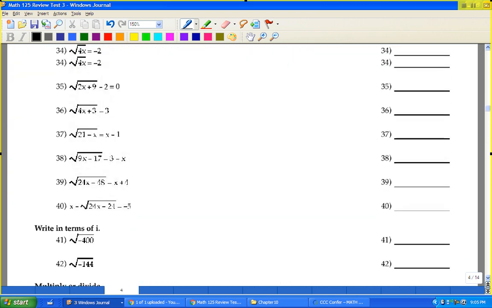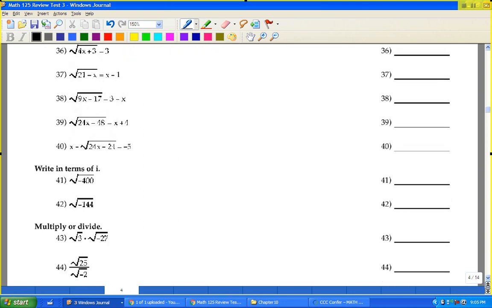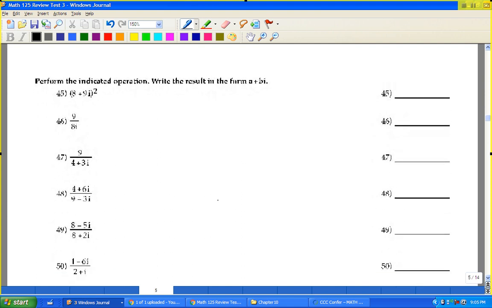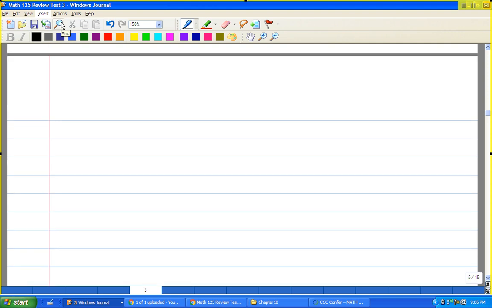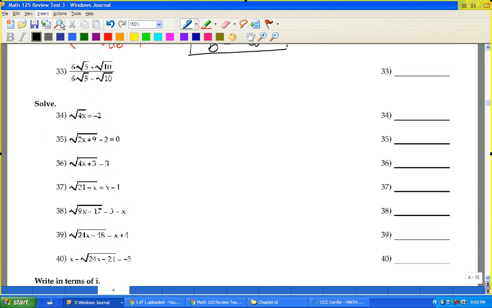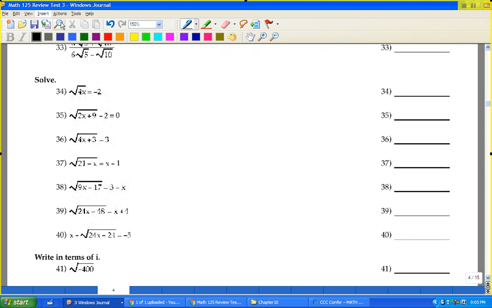Let me do 34. Actually, I'm going to need space for all those, I guess. Well, maybe not for the first one. So let me do the first problem. Rad 4x equals negative 2. Okay, so let's try to solve this radical equation.